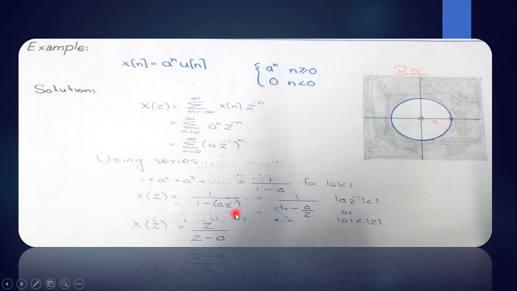If we replace z is equal to a, we will get a pole, and after drawing a circle, what we are interested in is that this transform will converge if a mod is less than z mod, which is the outer region of the circle. So the shaded region is the region of convergence. In this region the system will converge. It will not give us an undefined answer.